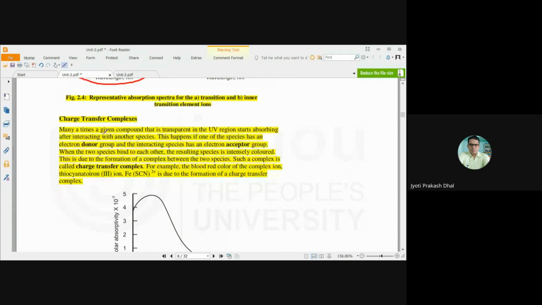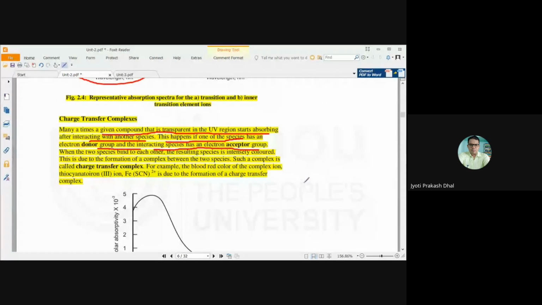You can see a given compound that is transparent in the UV region starts absorbing after interacting with another species. This happens if one of the species has an electron donor group and the other an electron acceptor group.